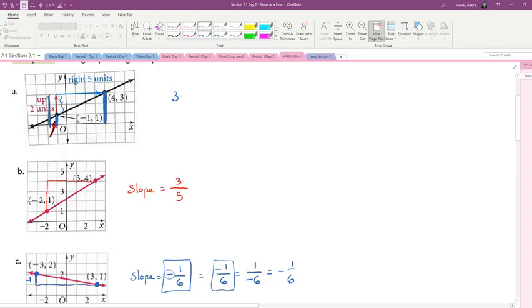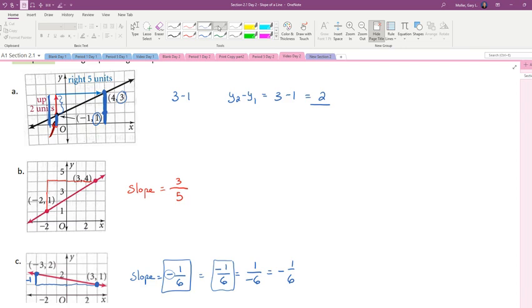So it becomes 3 minus 1. To find the vertical change, we just figure out how high it gets minus how low it starts. So in our case we do simply y2 minus y1: the y value of one of the points, 3, minus the y value of the other point, 1, and that gives us a value of 2.